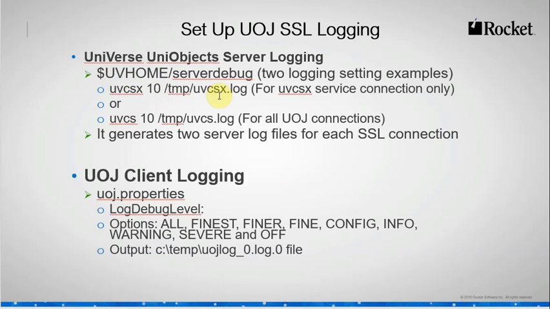If you turn on SSL, then you will create two log files for each SSL connection. For the UOJ client, in the latest UOJ driver, they have an additional UOJ property. You can set the log debug level to another option. You will generate the log file output, and it will be put in the temp folder, all based on the UOJ property setting.